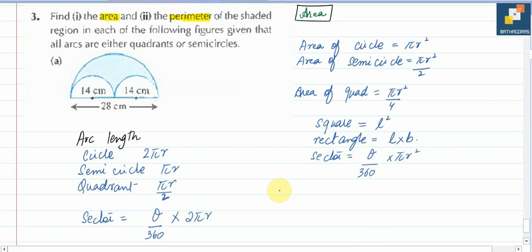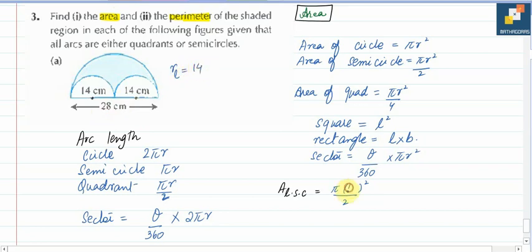Now I'm going to find the area of the larger semicircle. Working formula is pi r square divided by 2, and the radius is not 28. 28 is the diameter, right? So the radius of the larger semicircle is 14.